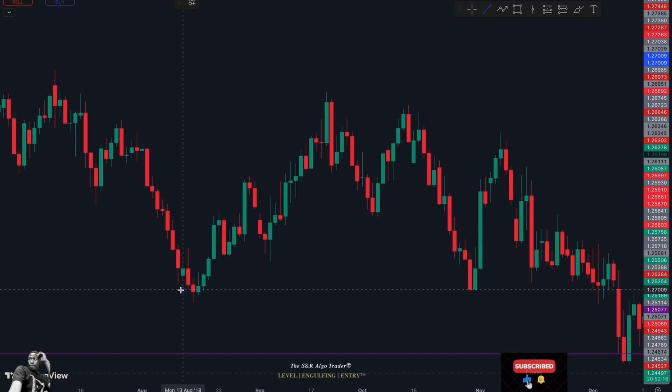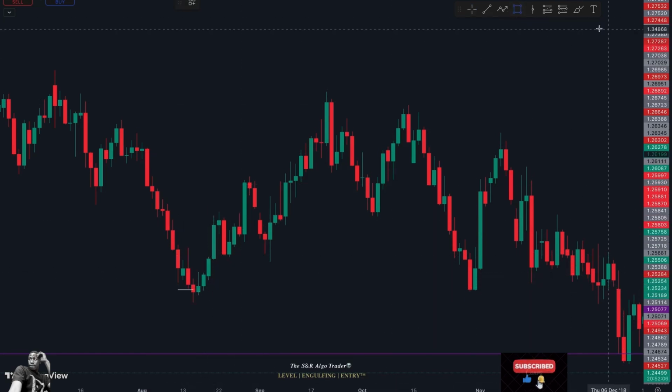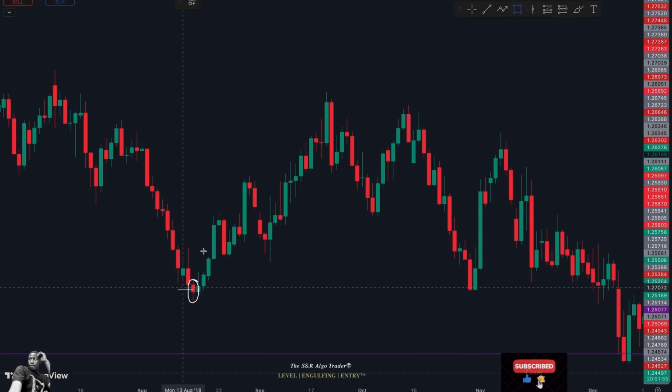So price cleared liquidity here with this candle, the last bearish candle. Right after this candle, the market created an imbalance. This is the imbalance.